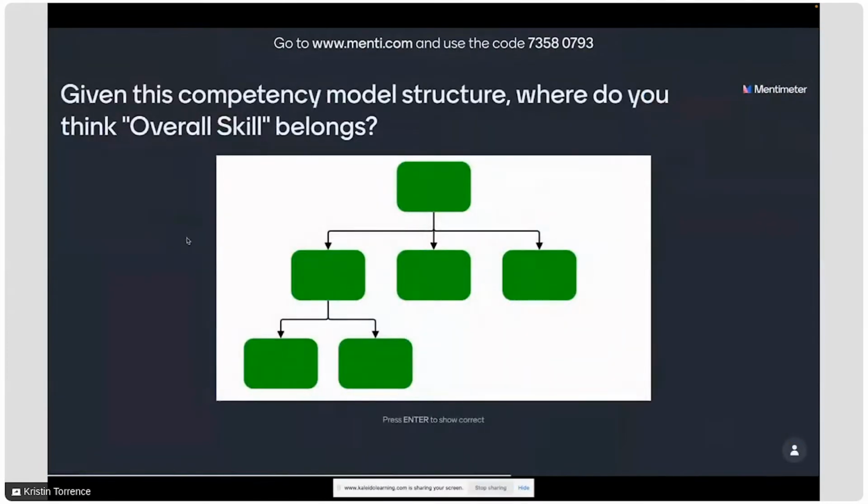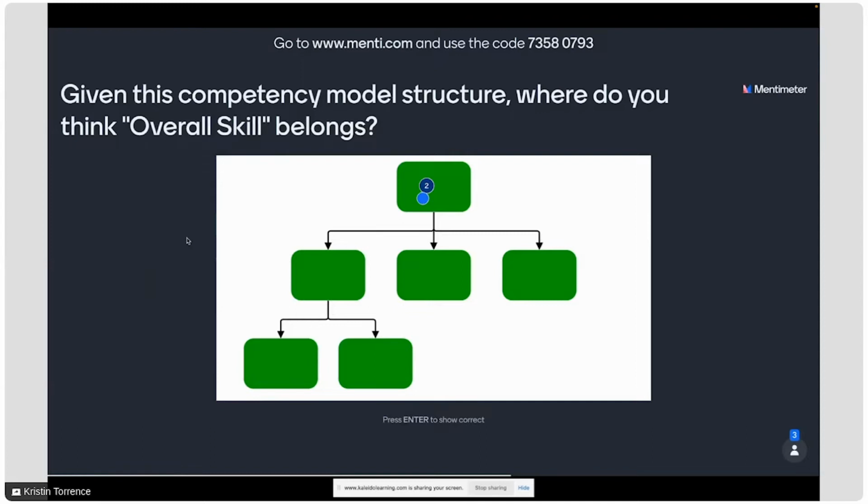All right, so let's turn to Mentimeter again. Given this competency model structure, where do you think overall skill belongs? Looks like we got one response. Seems like most feel like overall skill should be at the very top.